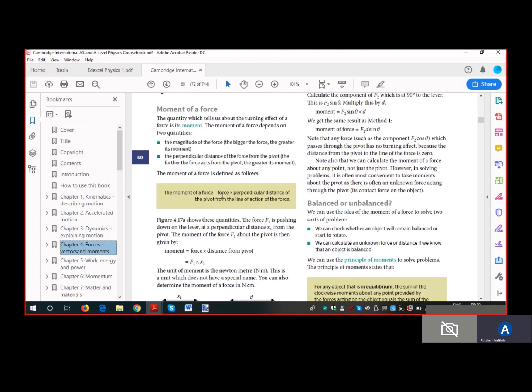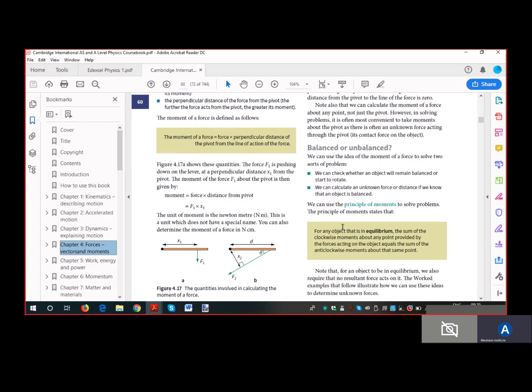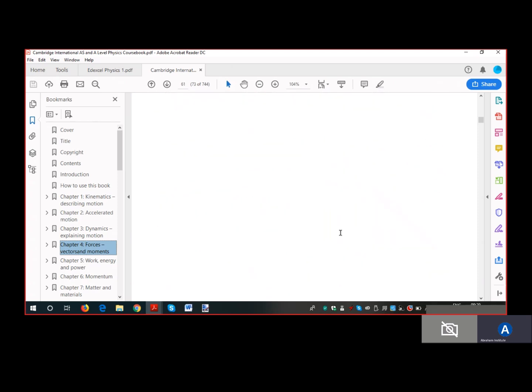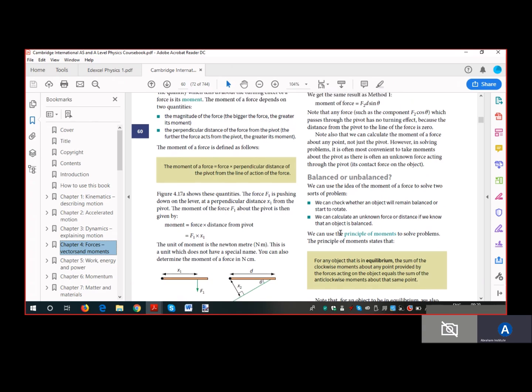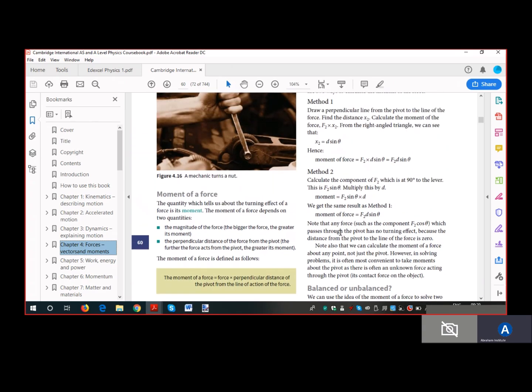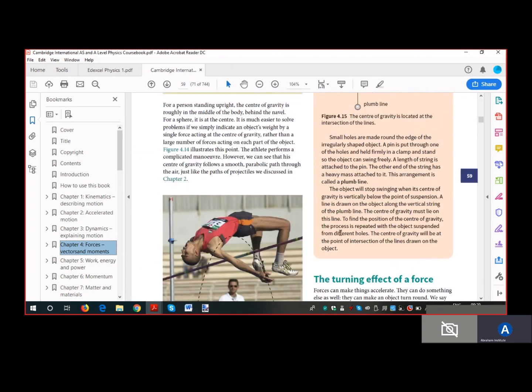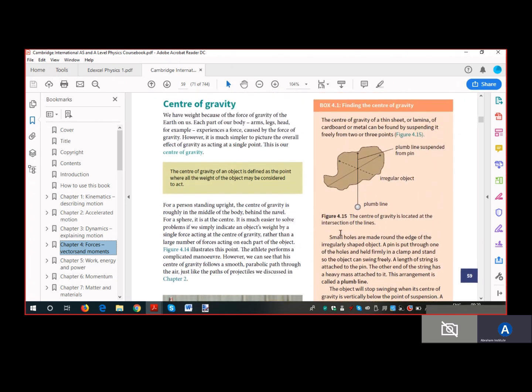You see moment of a force, the definition is highlighted in green here. Then the principle of moments is also highlighted. Center of gravity definition was given in another chapter, I think, in this book. Oh no, it's here, see.